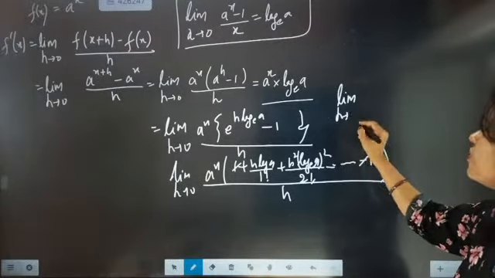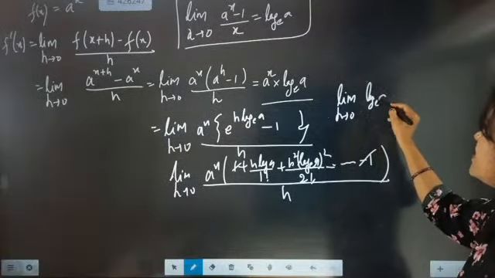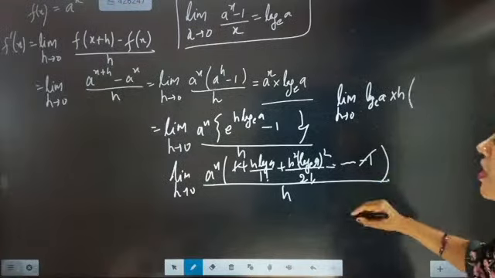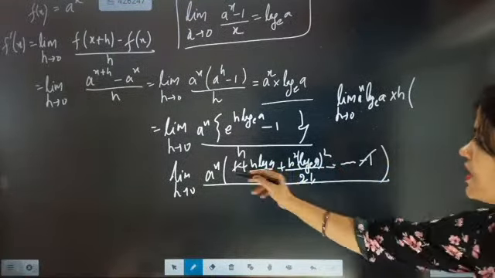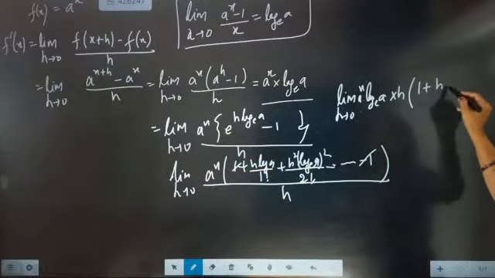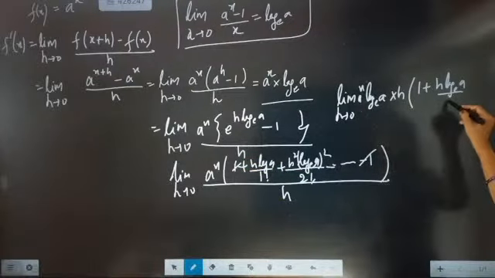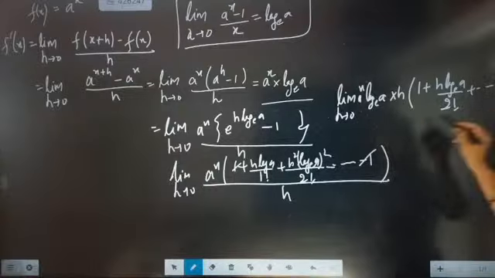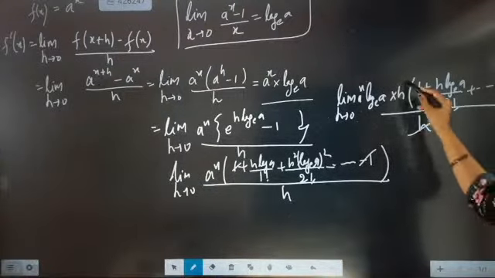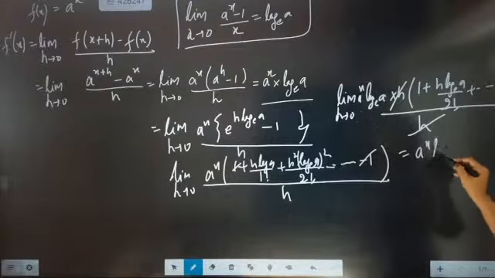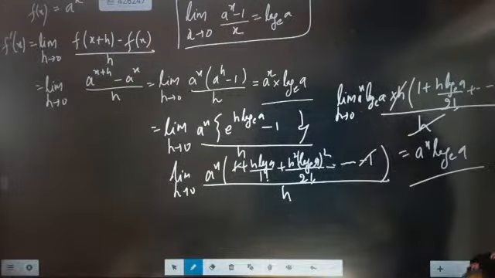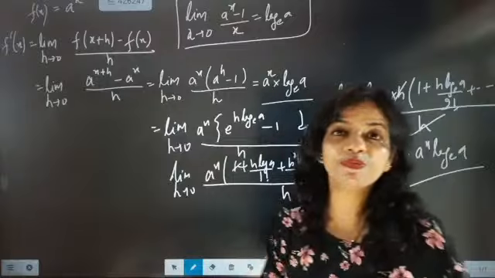Limit h tends to 0, log e a and h taken out, already a to the power x is there. Now this part coming out: 1 plus h log e a by 2 factorial, and so on, and down there h is there, this and this will get cancelled. Put h equal to 0, all will become 0, and the answer will come as this.